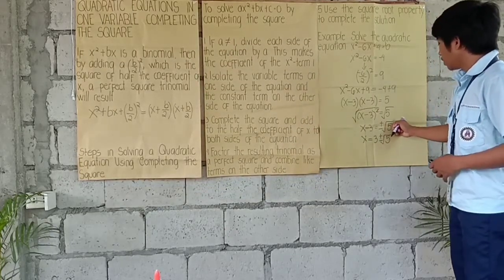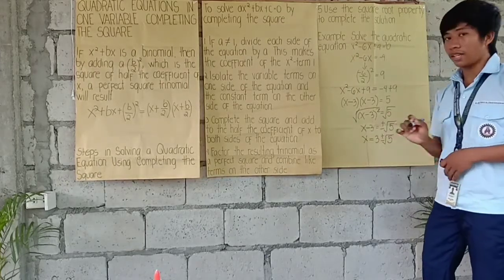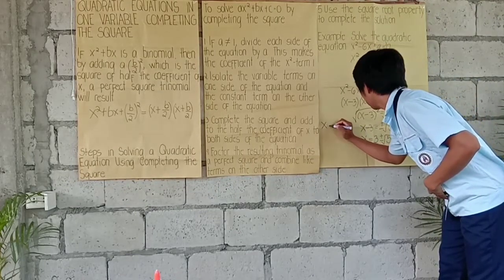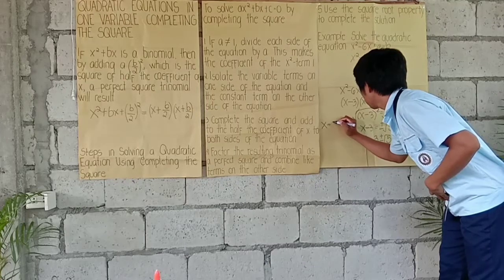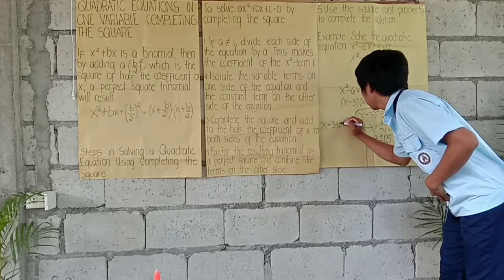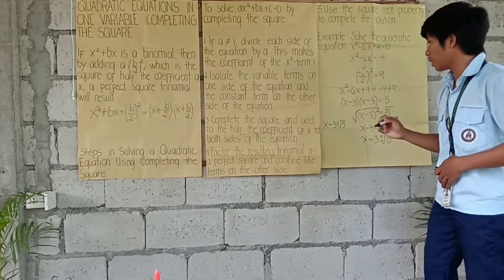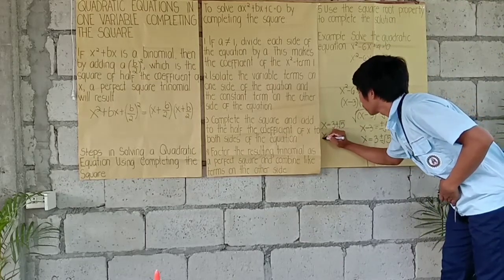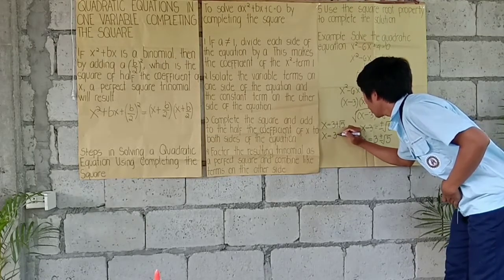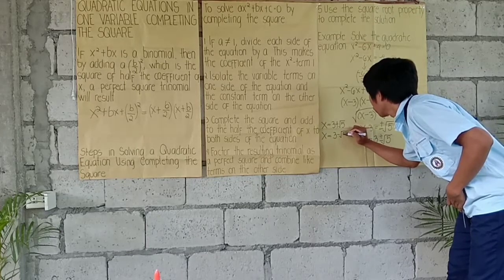Then, i-separate natin yung value ng x, yung positive and negative. So, magiging x is equal to 3 plus square root of 5. So, yung negative sign naman natin, x is equal to 3 minus square root of 5.